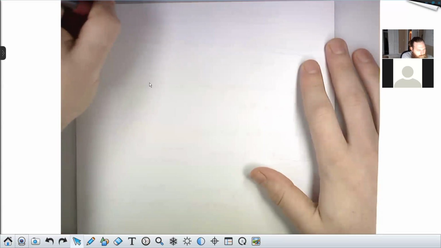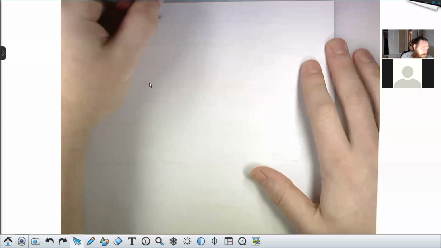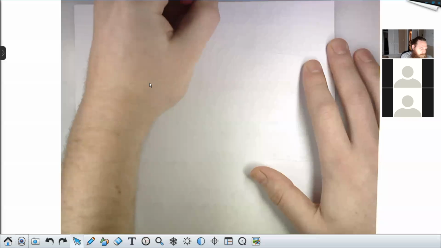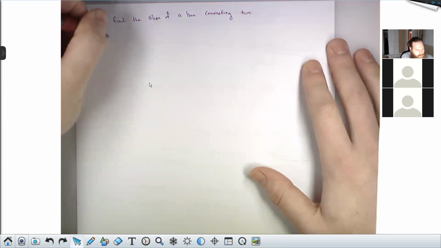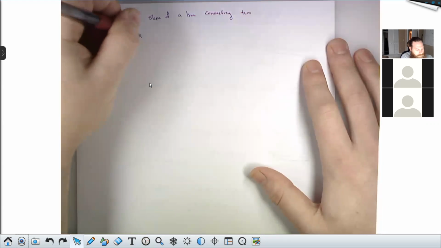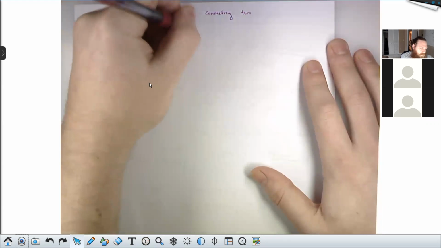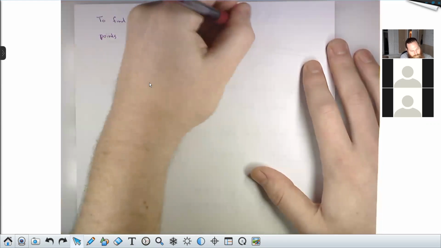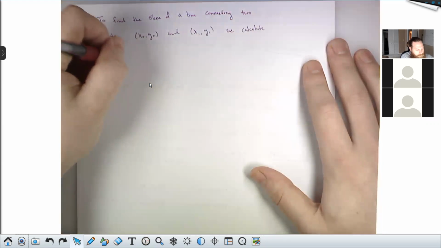To find the slope of a line connecting two points, say (x0, y0) and (x1, y1), we calculate what's called m.